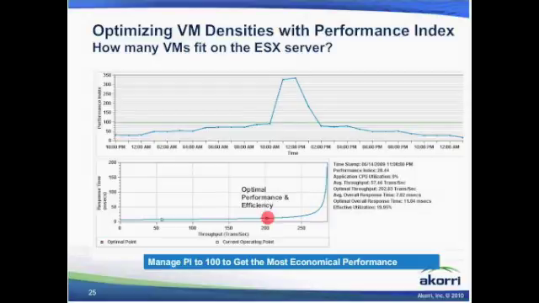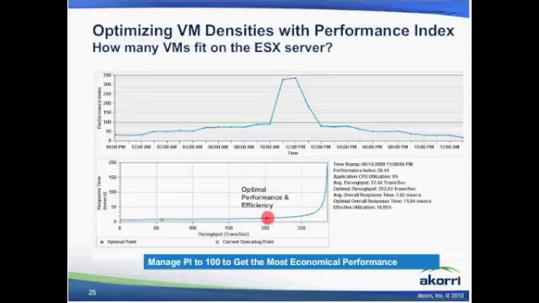We've tried to make it really easy by saying, manage your infrastructure to the optimal point of 100 and you'll be good to go. The optimal point represents the natural service level threshold of the system, taking into account all of the resources, components, and current contention from application workloads.